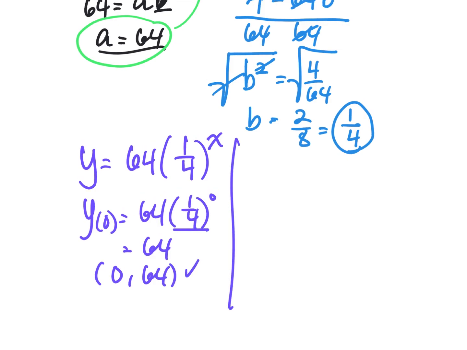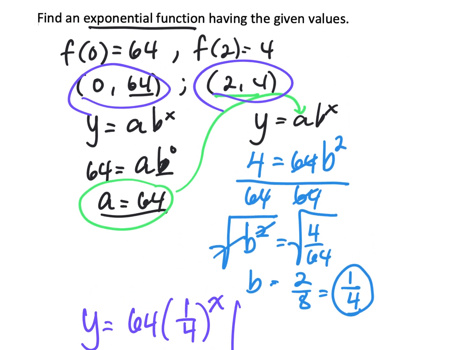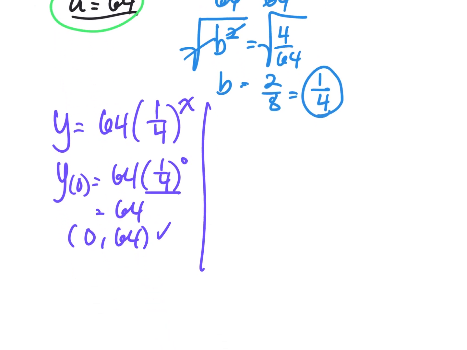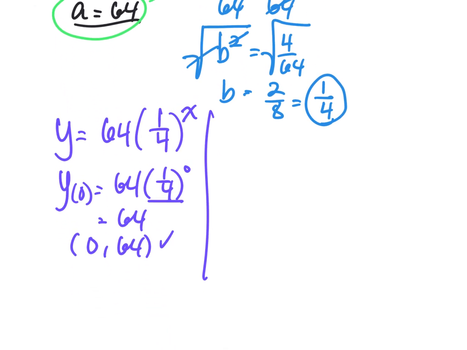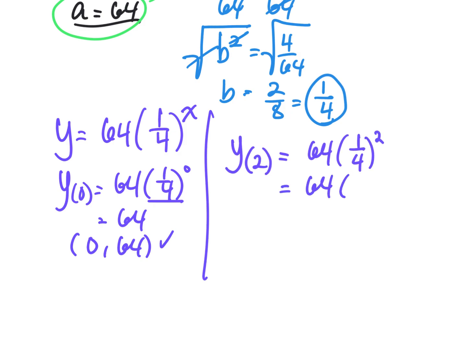Now, let's try the other one. The other one here says 2, 4. So let's see the second point, y of 2 this time. That's going to give you 64 multiplied by 1 over 4 raised to 2. So that's going to give you 64 over 1 over 16.